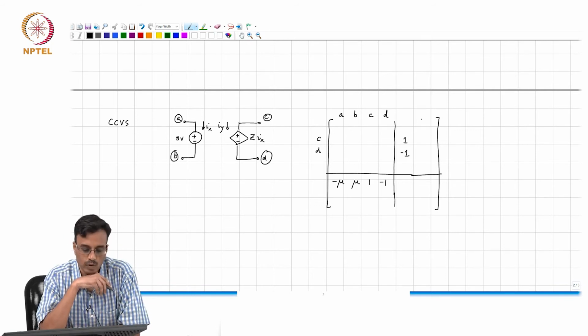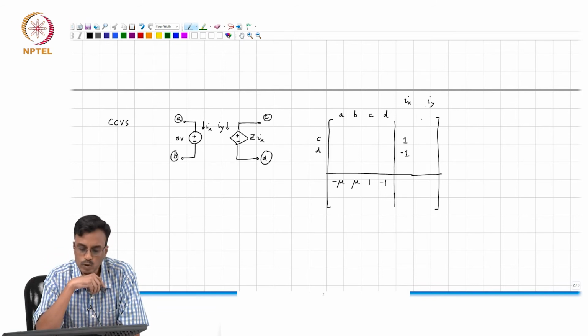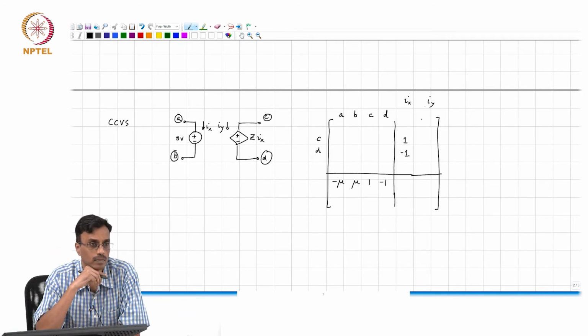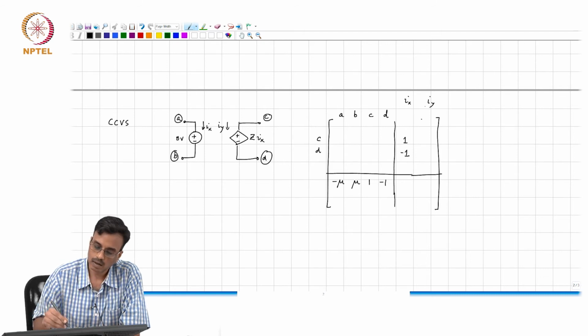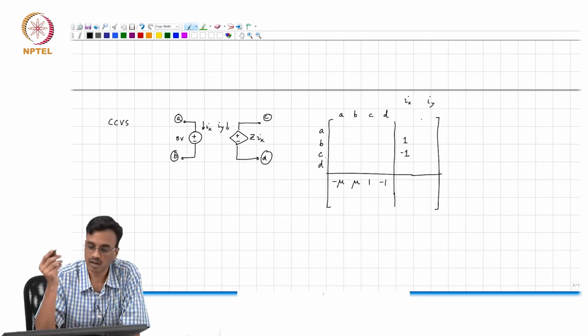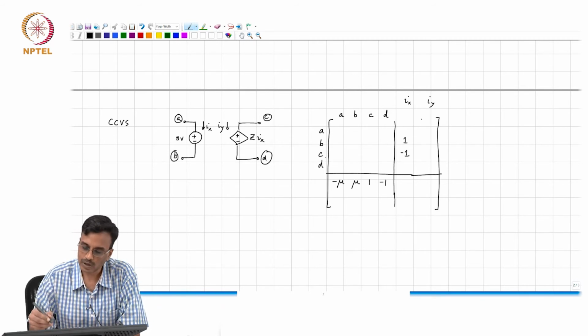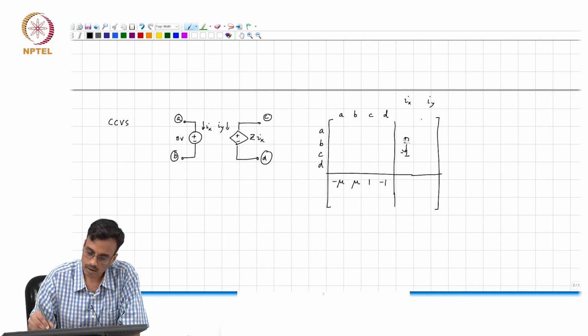Let us assume that this column corresponds to Ix and this column corresponds to Iy. What do we do? Which of the rows will you have entries in, in the last but one column? In A and B, so that is 1 and minus 1.